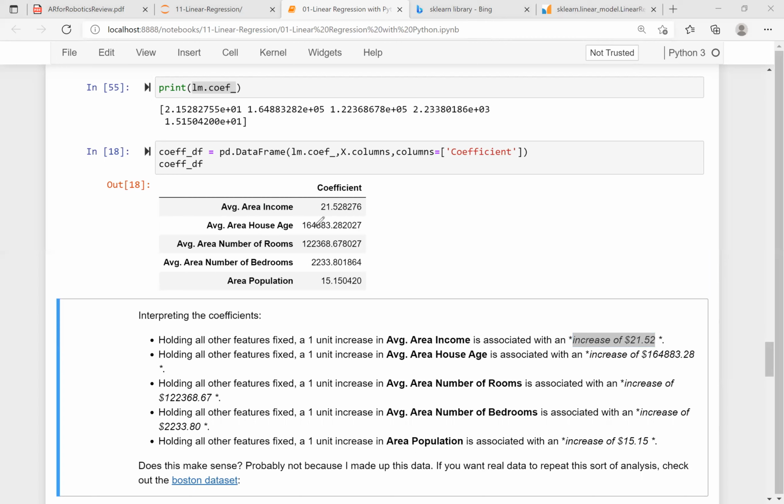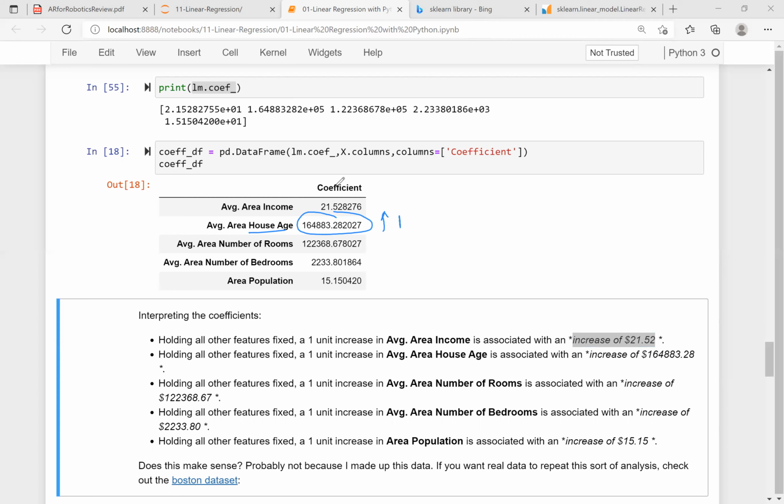If the house age increases by 1, then my price goes up by around 1.6 lakh.